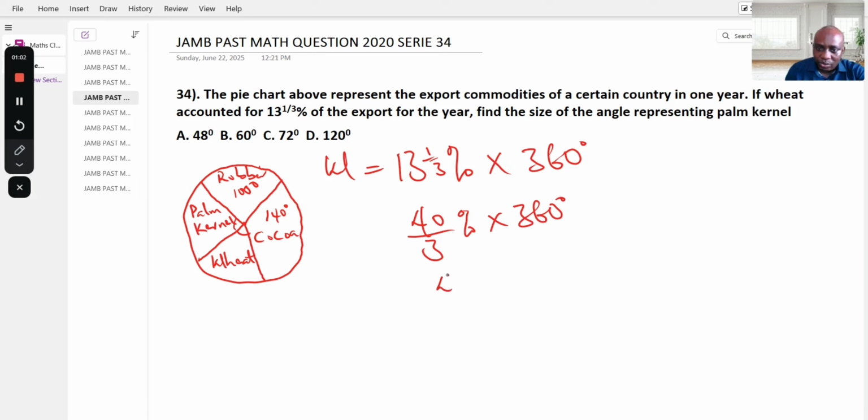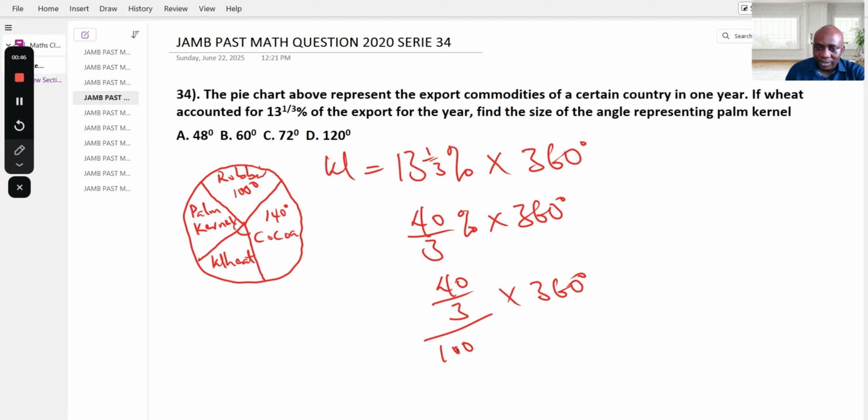Therefore, we are going to say 40 divided by 3 divided by 100 percentage, because 100 is in percentage, multiplied by 360 degrees, isn't it?